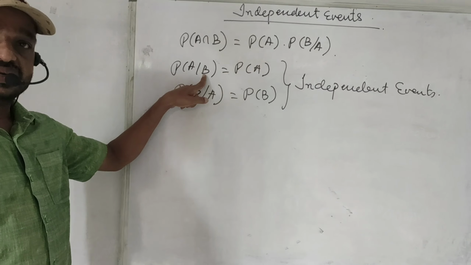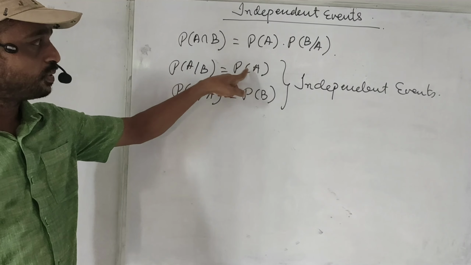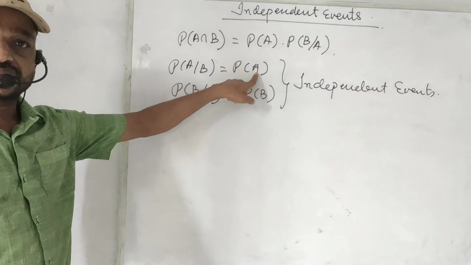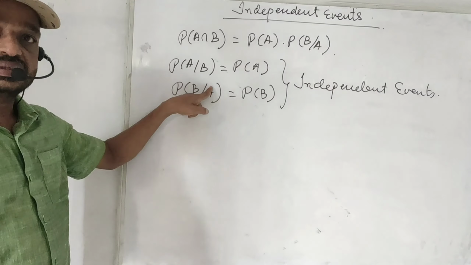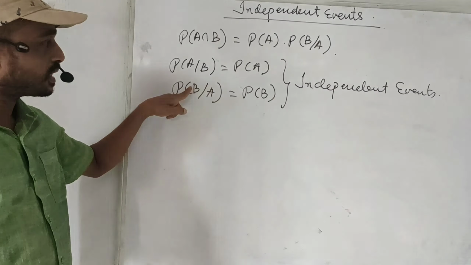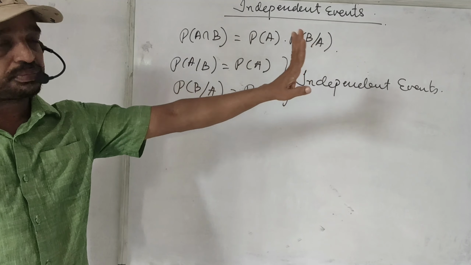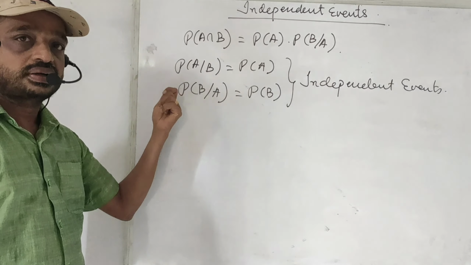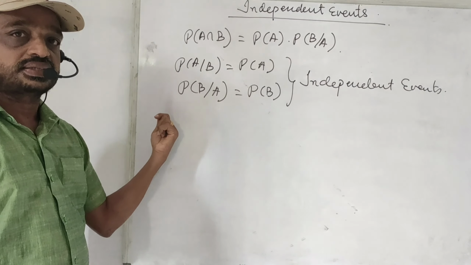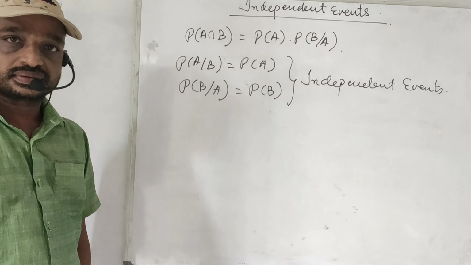Here, the occurrence or non-occurrence of event B does not affect the probability of event A. Here, the occurrence or non-occurrence of event A does not affect the probability of event B. So combining these two, we can say that the events are said to be independent if the occurrence or non-occurrence of one of the events does not affect the probability of occurrence of the other.